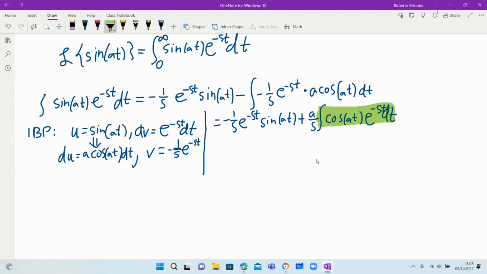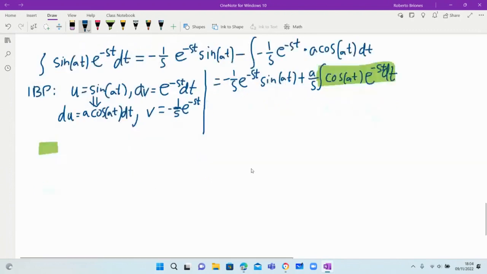Okay. So what I'm going to do is denote this integral by a green strip of ink, and so the green strip of ink will actually be equal to some expression. And to be able to do that, again, we have to use integration by parts.